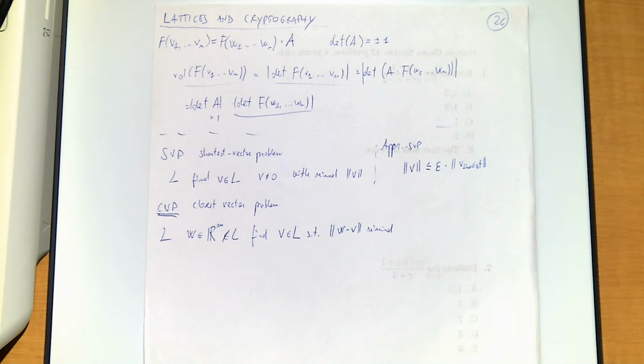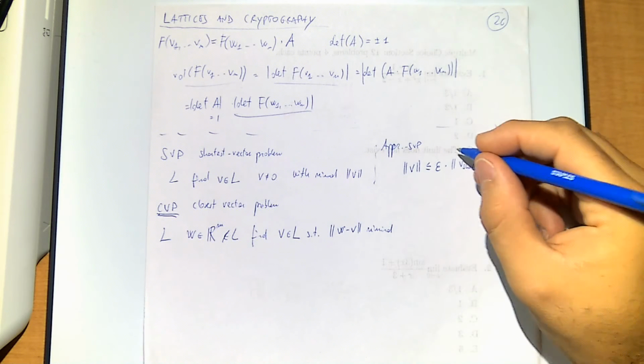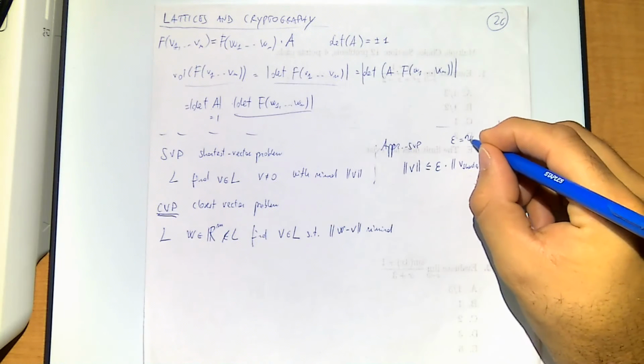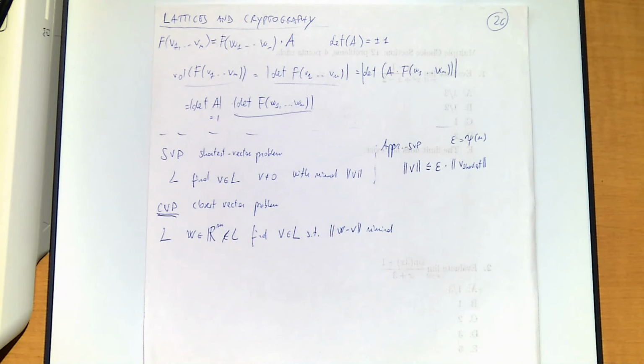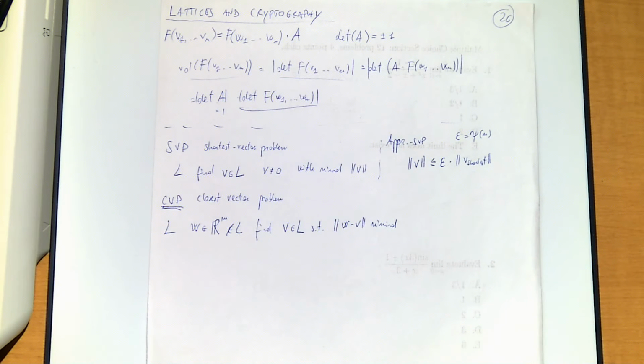You don't need exactly the shortest vector. So typically you have this epsilon be a function of n. Depending on how big the lattice is, you may have an acceptable margin of error. That is good enough. Epsilon, of course, greater than 1. Oh yeah, of course, yes. But typically you're happy even if you don't find necessarily the shortest vector, but a short vector, which is short enough.